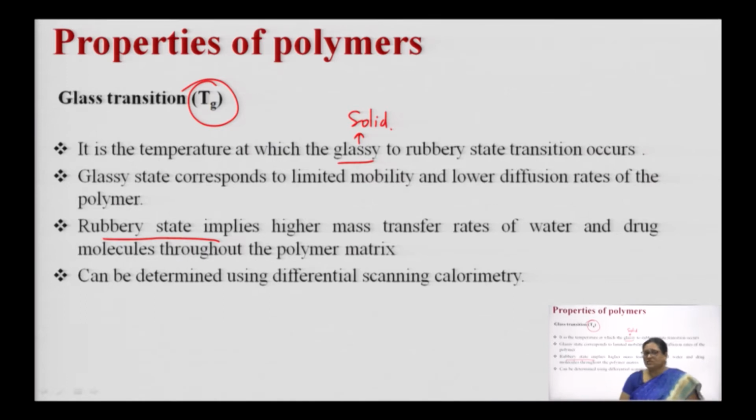This glass transition temperature can be determined by making use of the technique called differential scanning calorimetry.